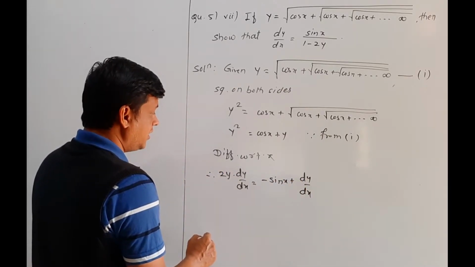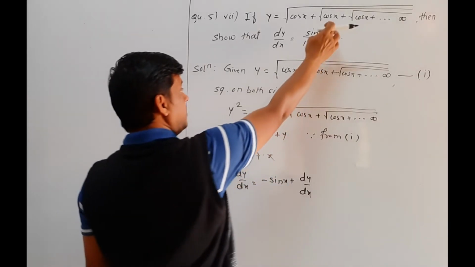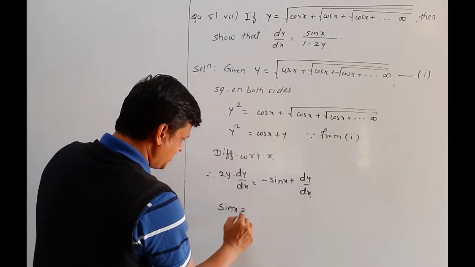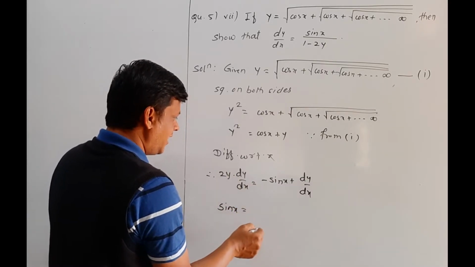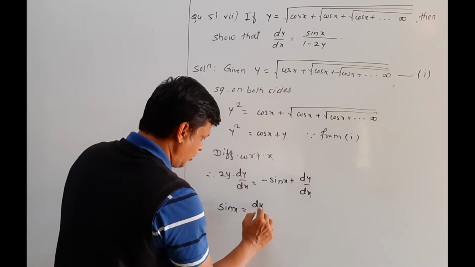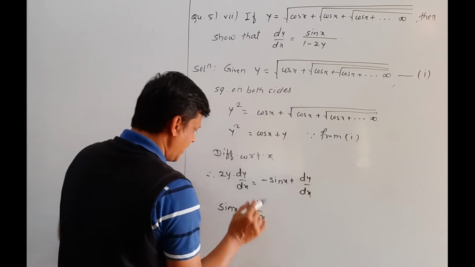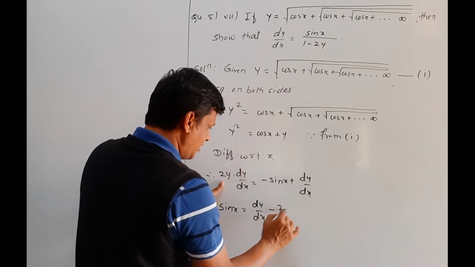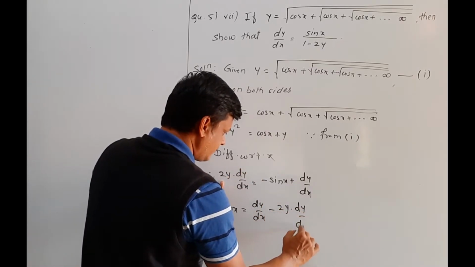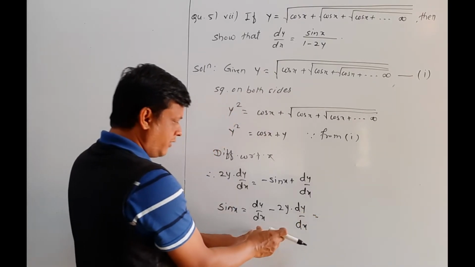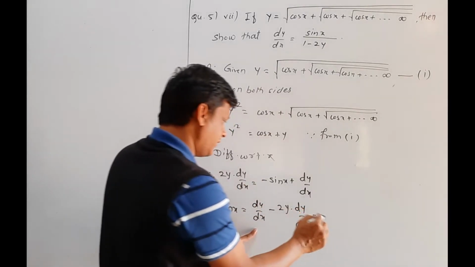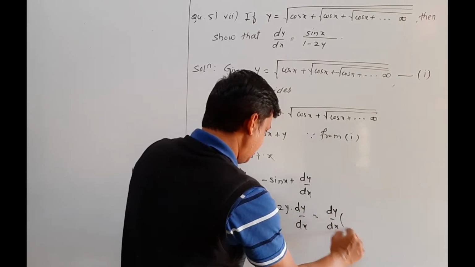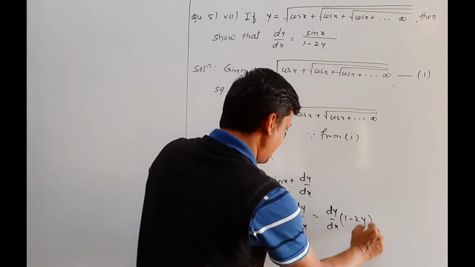So we require here plus sin x, so transfer this minus sin x to the left hand side. So we write here plus sin x, and transfer this 2y dy by dx to the right hand side. So already dy by dx is here, and we transfer this minus 2y dy by dx. So we write here minus 2y dy by dx. In the next step we take dy by dx common here. So right here dy by dx in bracket 1 minus 2y.